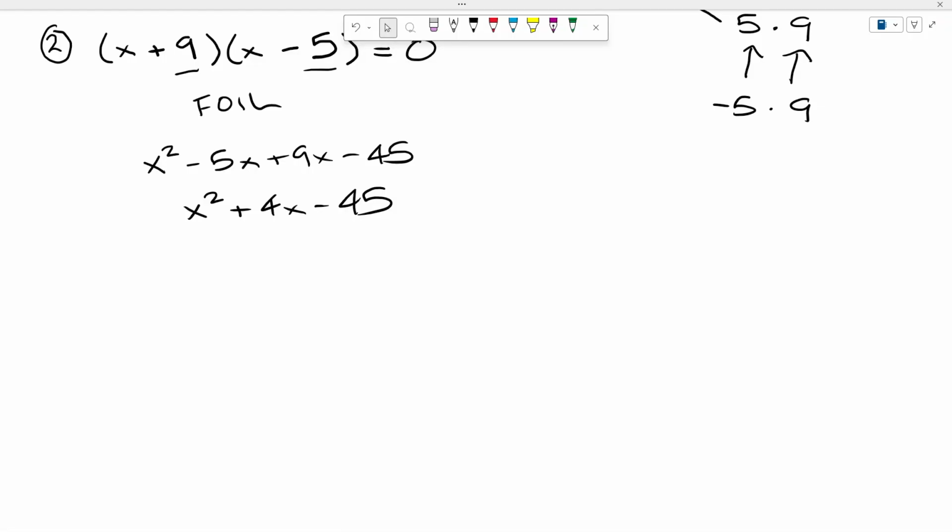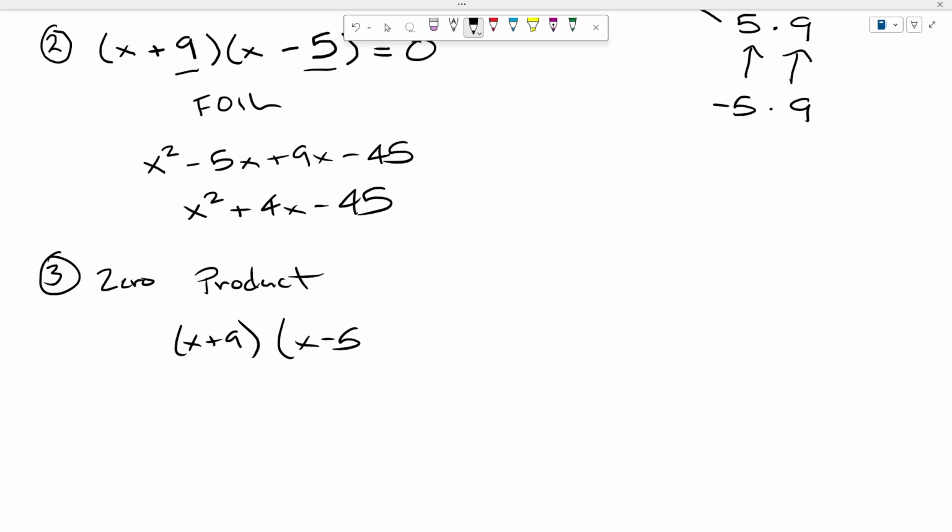In the next step, this is where we can apply what we had just talked about, our zero product principle. Because we have two algebraic expressions, x plus 9 and x minus 5, and it's set equal to 0.